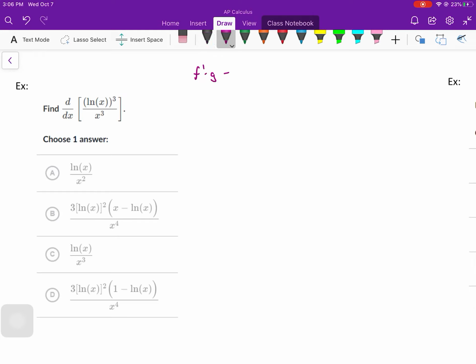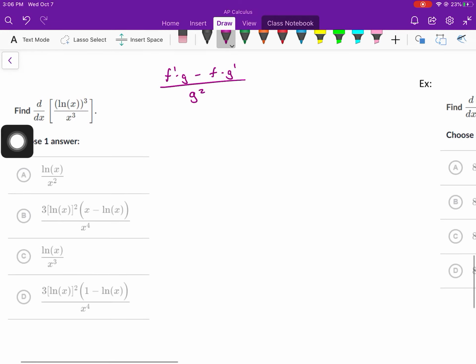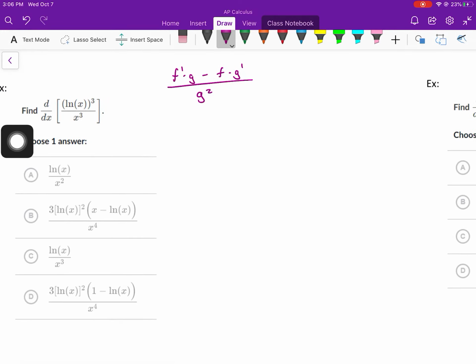So we're going to have to use f prime times g minus f times g prime all over g squared. So that's what I'm going to do. So f prime, let's focus on that. f is natural log of x cubed. So f prime is going to be 3 times natural log of x squared times 1 over x.